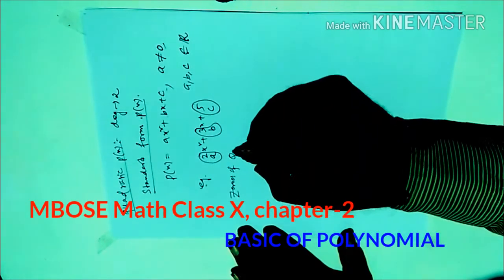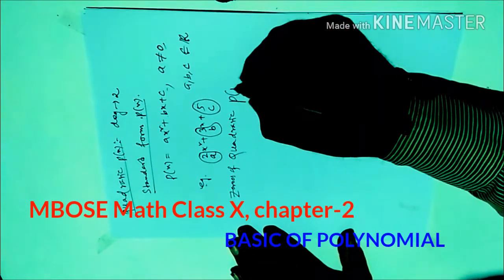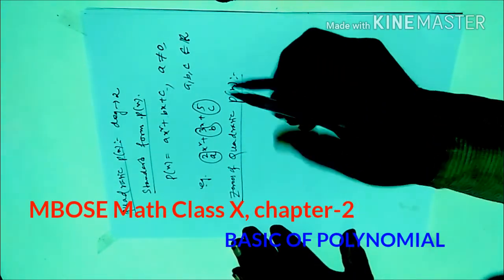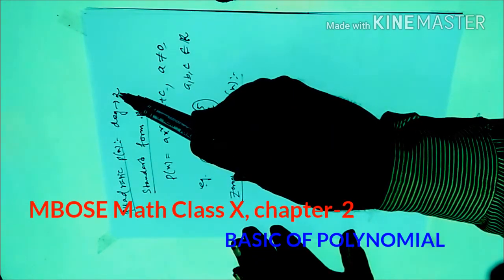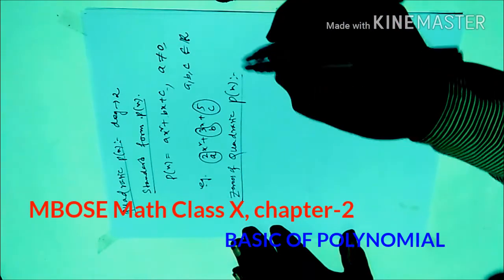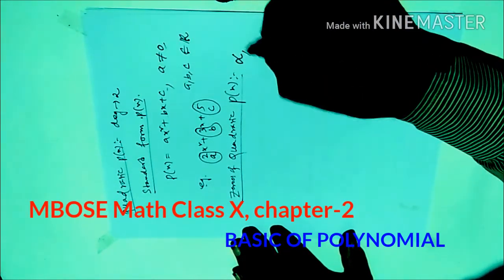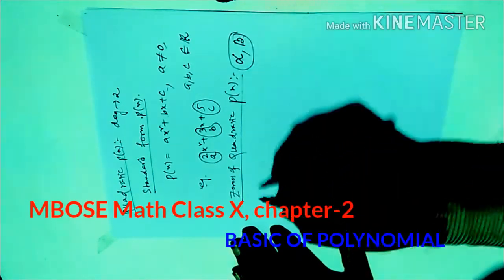Zeros of a quadratic polynomial. For zeros of a quadratic polynomial, you see here how many degrees? 2 degrees. So how many zeros will we get? 2 zeros. For the 2 zeros, we use the names alpha and beta.